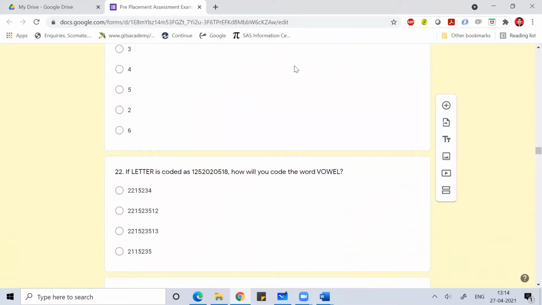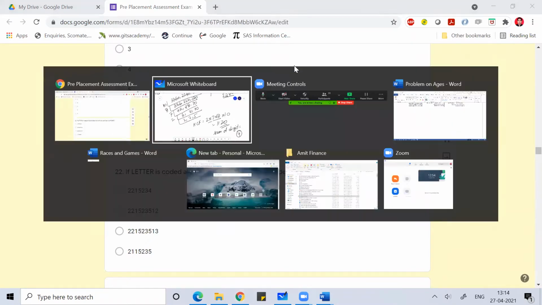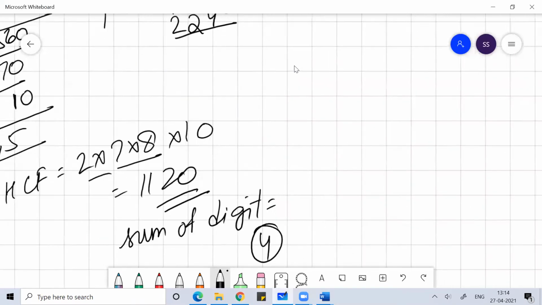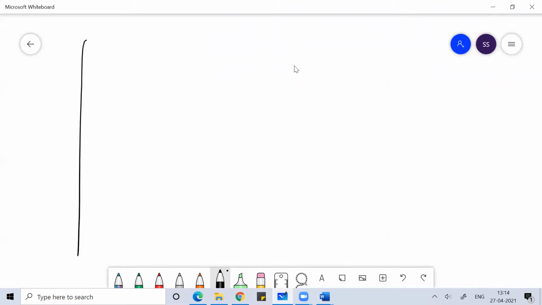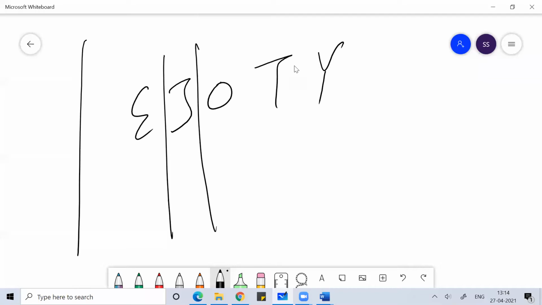Question number 22 is very easy. You can understand A to Z: A means 1, B means 2, C means 3, D means 4, Z means 26. All of you know that. So it's very simple. For the time being you can remember EJOT.